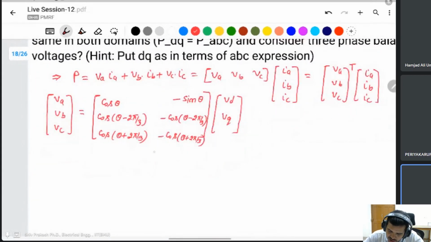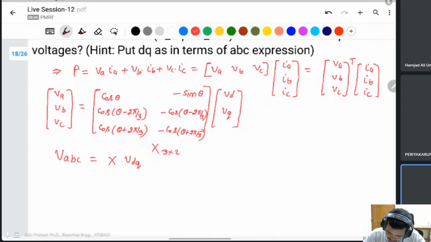I write this as C, as mentioned in the question. I write it as x, any variable x. Then you can write the ABC vector is equal to x, usually a 3 cross 2 matrix, into VDQ. I'll write this as VABC.